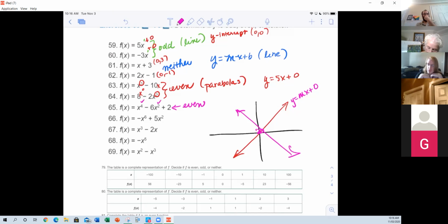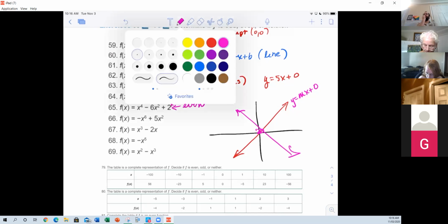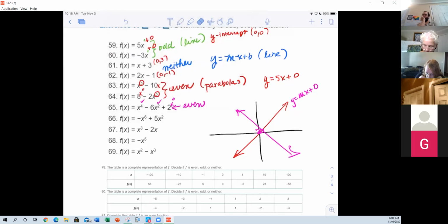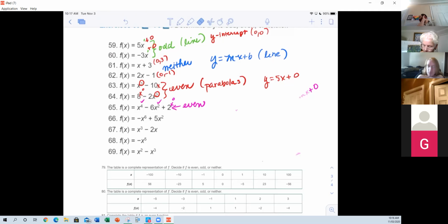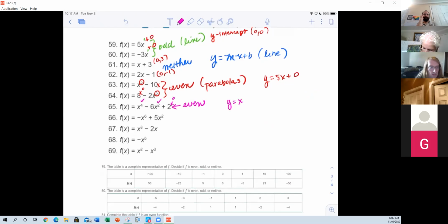The exponents are even. This would be x to the 0. And you know what's fun? You know how a quadratic, the general shape of an x squared, like if you have y equals x squared, usually looks like this.